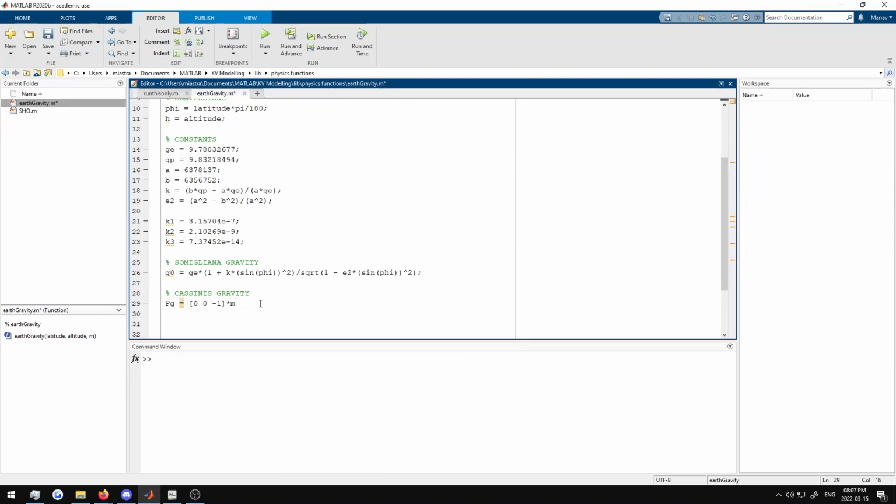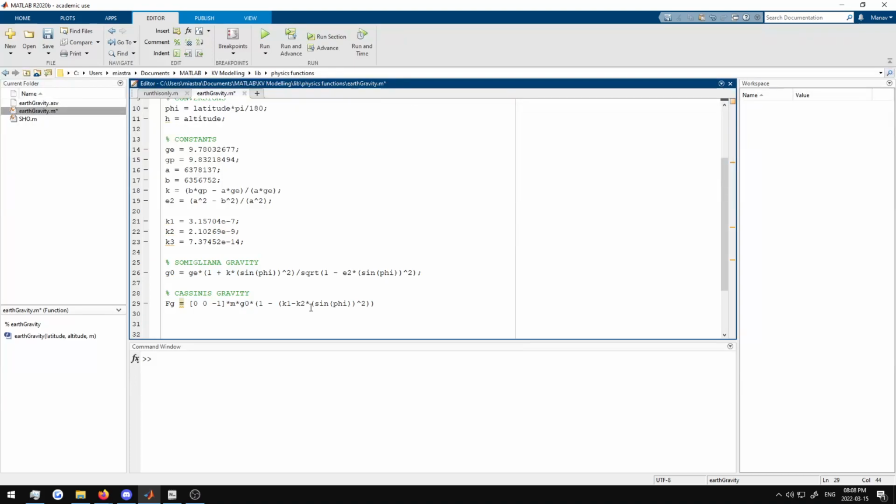So to do this, we just do mass times gravity, which is g naught, and then this is just Cassini's thing right here. So we'll do 1 minus, in parentheses, k1 minus k2 times sine phi, and then sine phi is squared, so I'll put this whole thing in parentheses.